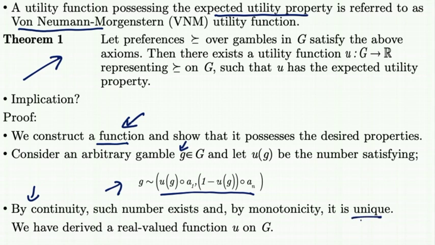Unique means you only have one kind of result or one kind of satisfaction. So we have derived a real valued function U on G. That's how we do it. Now, let's crack on.